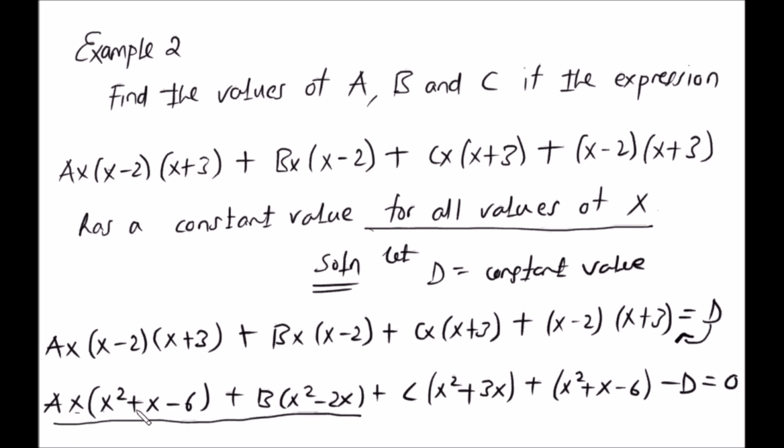Huyu x ni mwingize ndani. So nakuwa na nini? Nakuwa na a, kwa tuna x cube plus x squared minus 6x jumlisha b. So our b now anakuwa na x squared minus 2x jumlisha c is x squared plus 3x jumlisha we have x squared plus x minus 6 minus d sasa na 0.